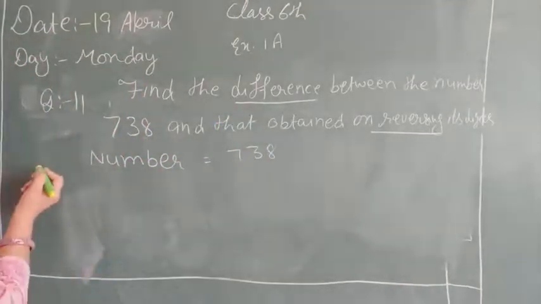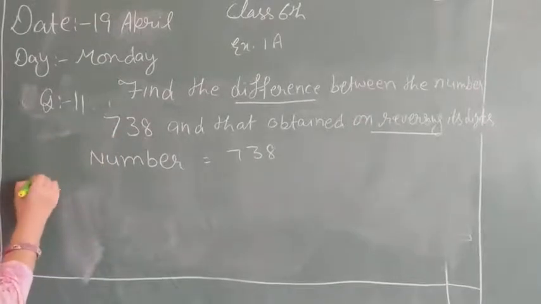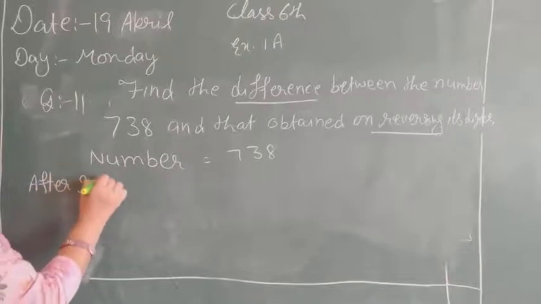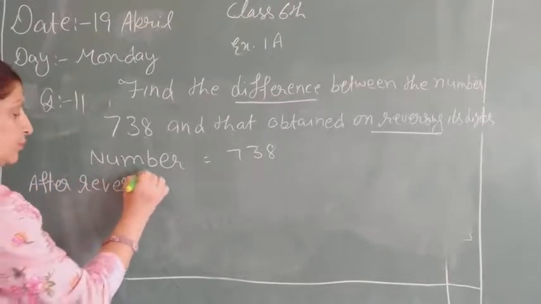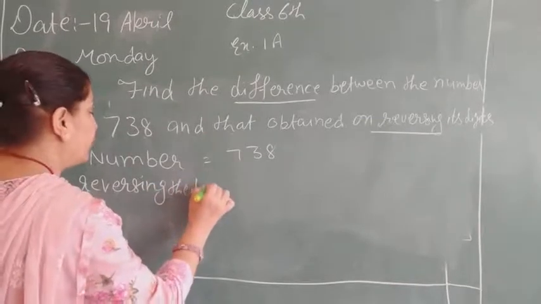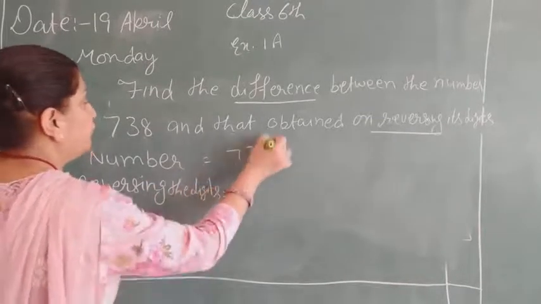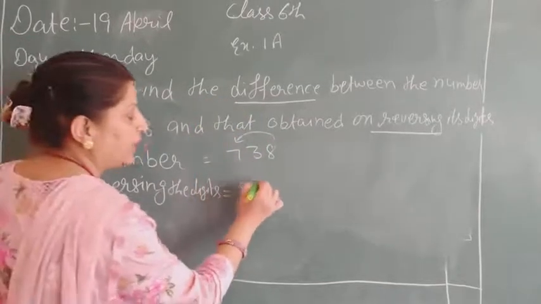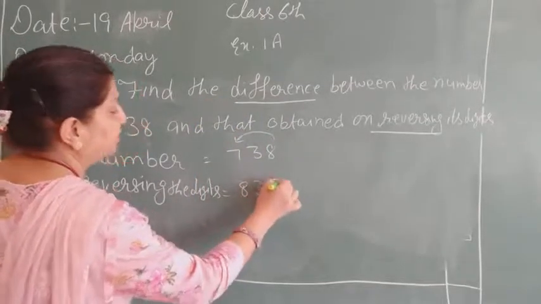Now we have to write it after reversing the digits. When we reverse the digits, we have to follow the process. And now our number is 837.